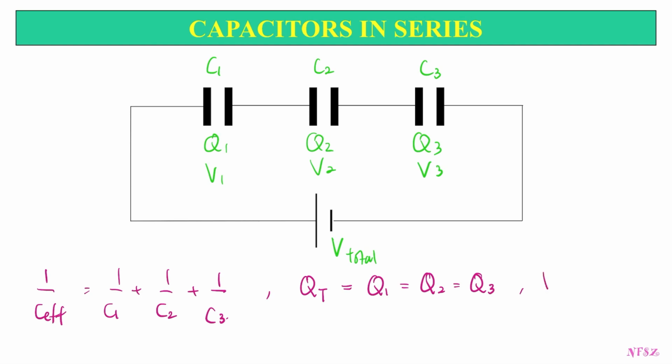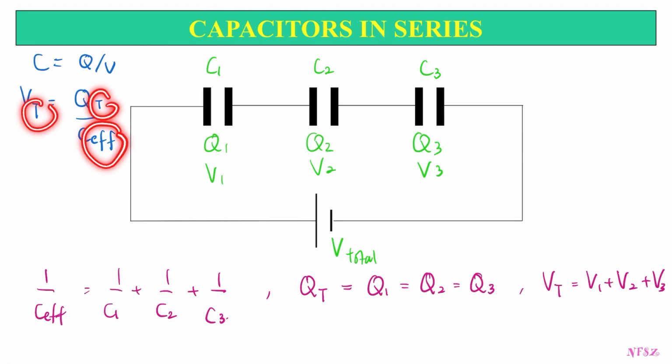Then V total equals V1 plus V2 plus V3. So for any calculation, if you want to use V total, it must be, what was it, C equals Q over V, right? Okay, so V total must be Q total over C effective. You write it as total, effective or total, same.